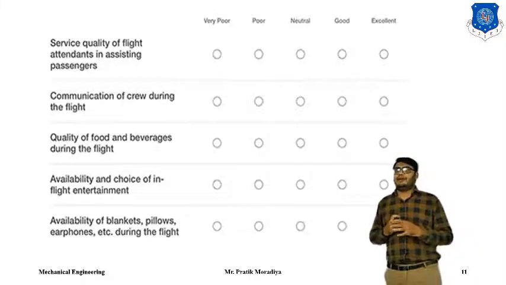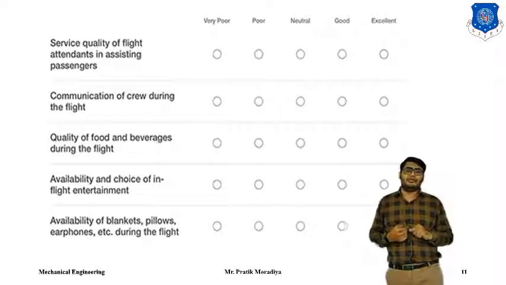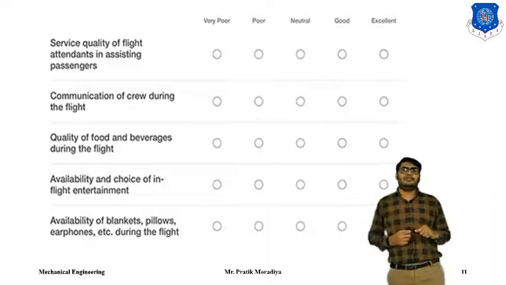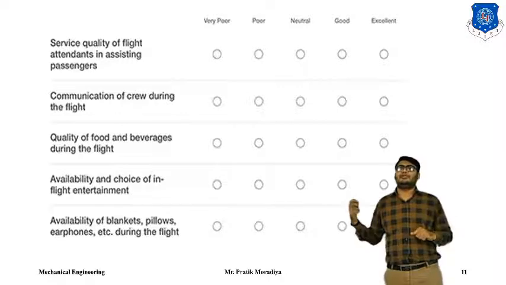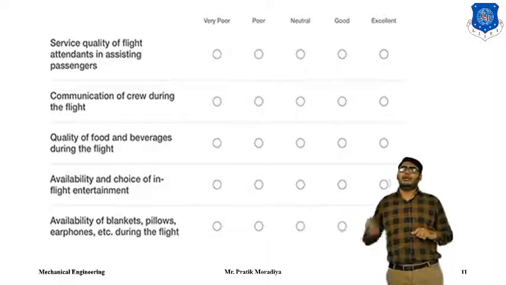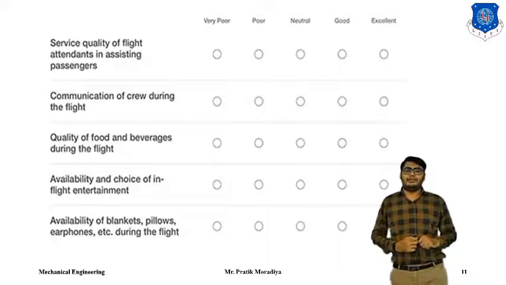For example, if we ask what the expected quality is, it can be poor, fair, normal, excellent. Those 5 classifications will be there, and the customer will simply select one. The customer fills this questionnaire and we analyze its data with some statistical analysis. And this is how we can prioritize our needs.